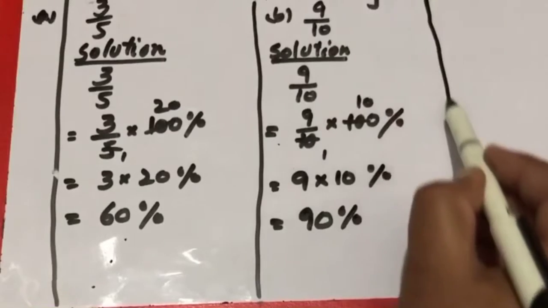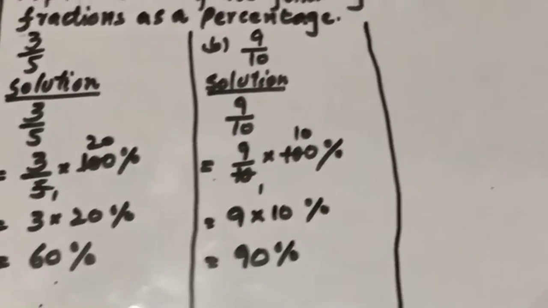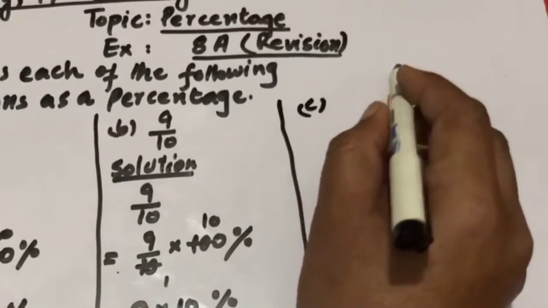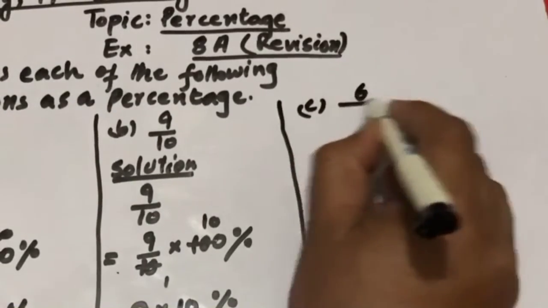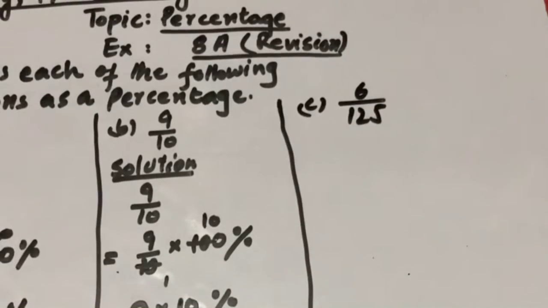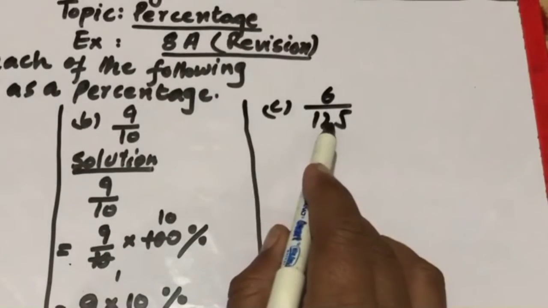Now we are going to solve the next part, which is C. The fraction is 6 over 125. Now we will convert this fraction into the percentage.